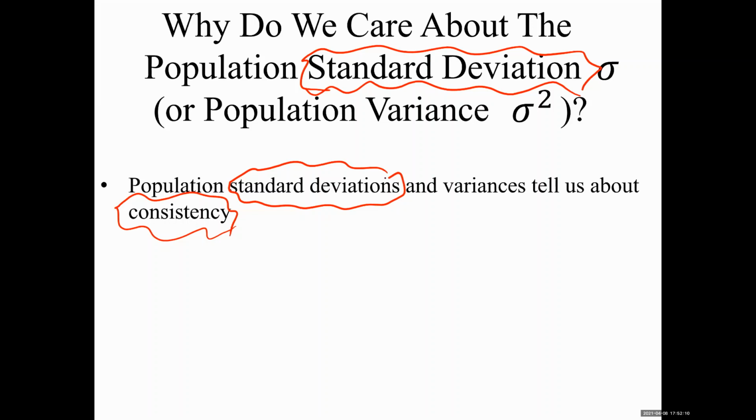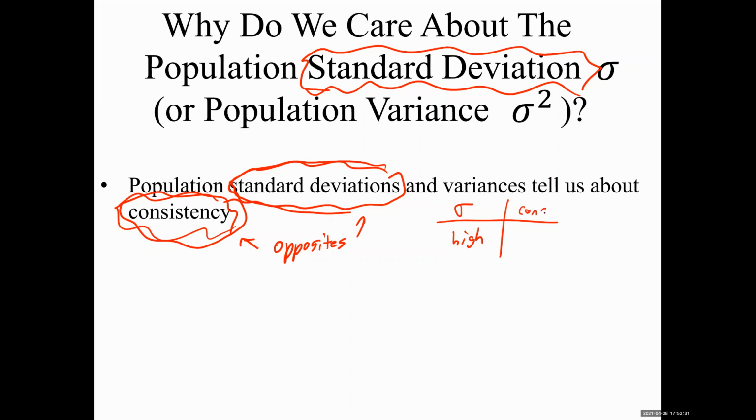One other thing to tell you is the difference between standard deviation and consistency. They're actually opposites. This is going to be more important when we get to chapter 10 after the exam. But standard deviation and consistency are opposites, meaning a high standard deviation is going to give you a low consistency.